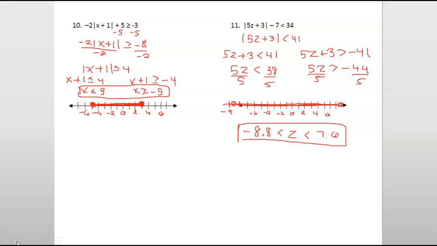So this could actually have been rewritten as x greater than or equal to -5 and less than or equal to +3. So "and" inequalities, not "or"s, only "and"s, can be written as a single solution.